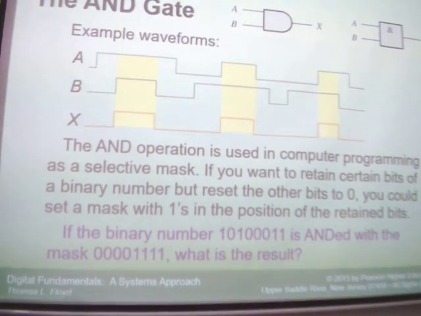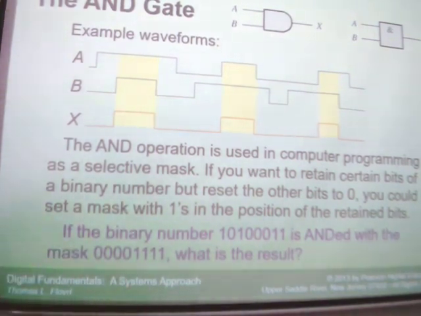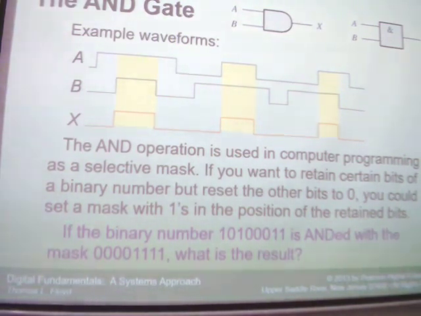Vincent, do you know the result? We have learned rule 3 and rule 4.